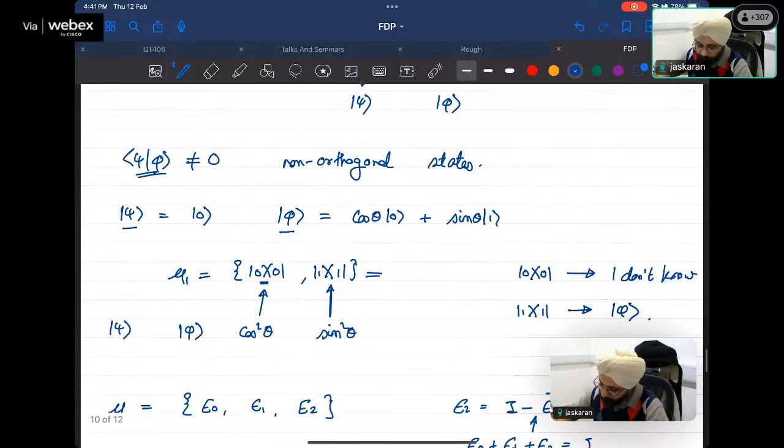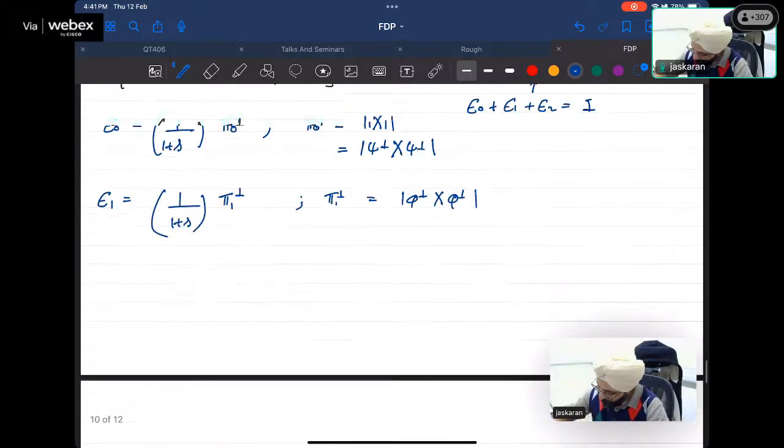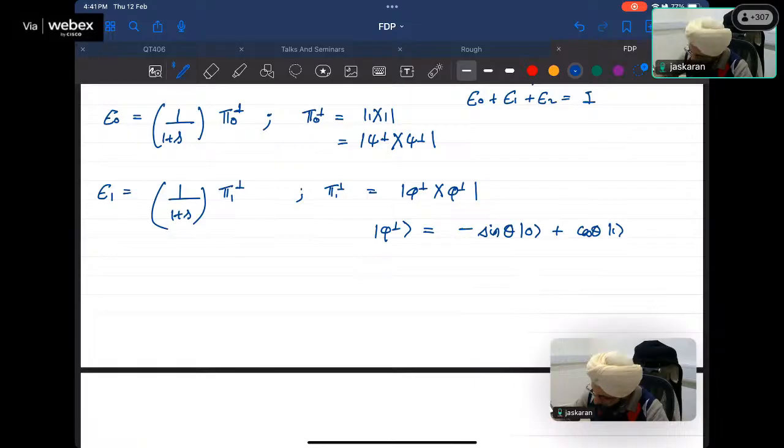The state phi that I am given, I will choose a state which is orthogonal to it, phi perpendicular. What is phi perpendicular? It is nothing but minus sine theta ket 0 plus cos theta ket 1.